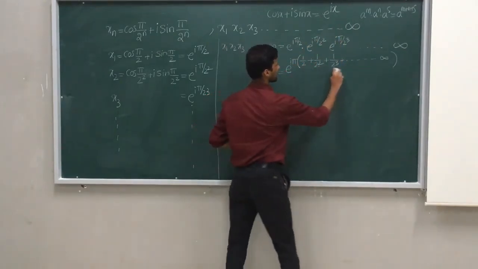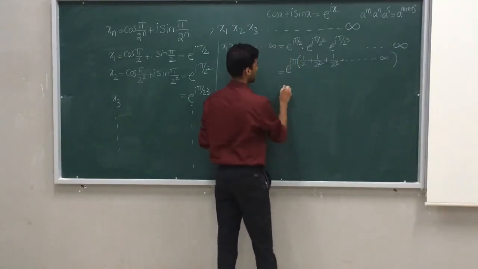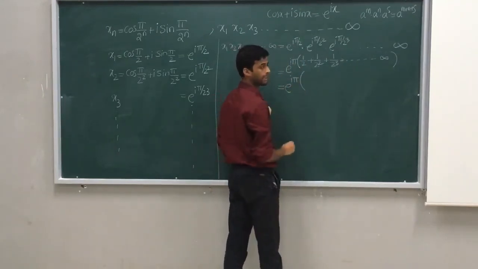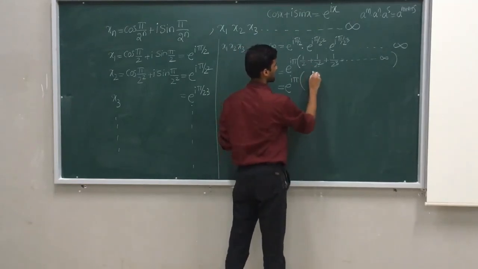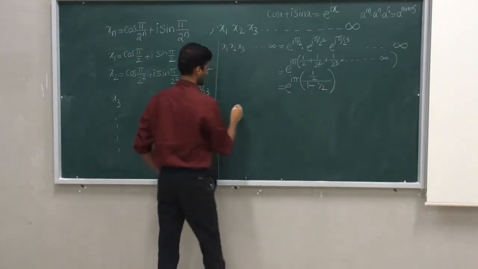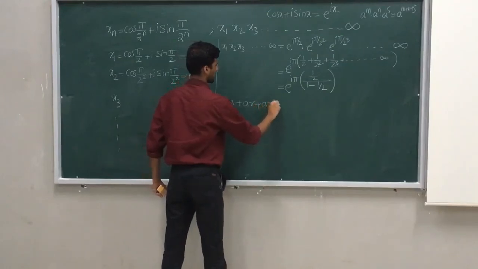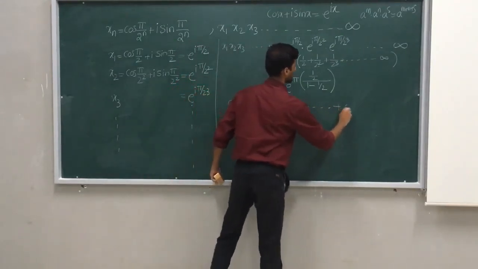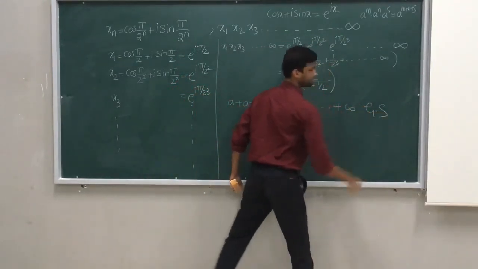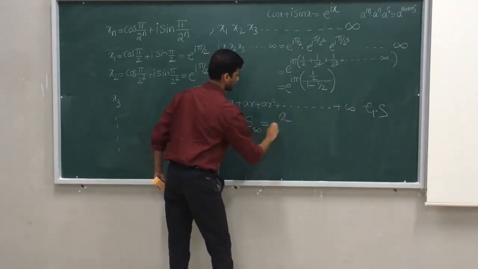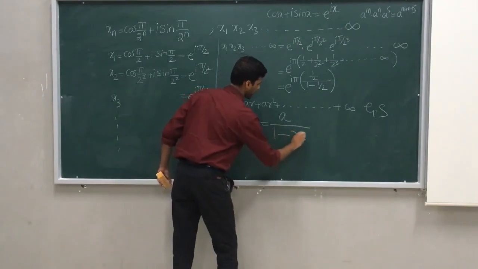It looks like a geometric series. In a geometric series, the sum to infinity is given by a divided by 1 minus r. Always keep in mind, if a plus ar plus ar square up to infinity is a geometric series, then the sum to infinity is the first term divided by 1 minus the common ratio.